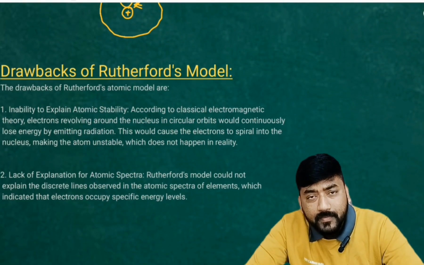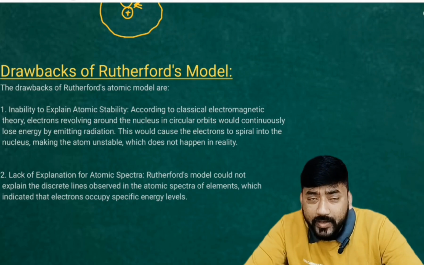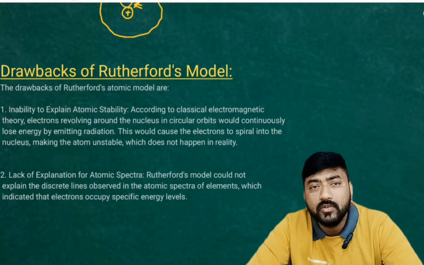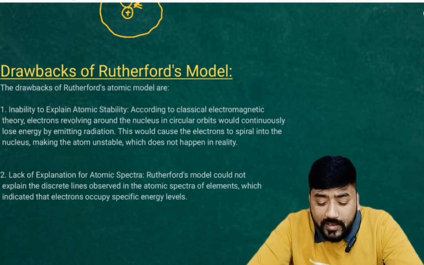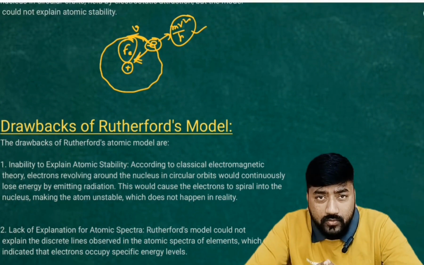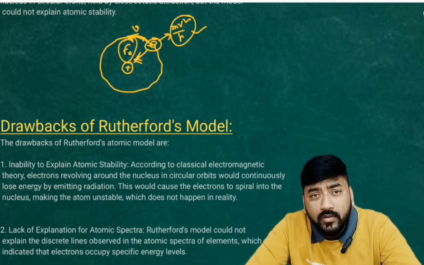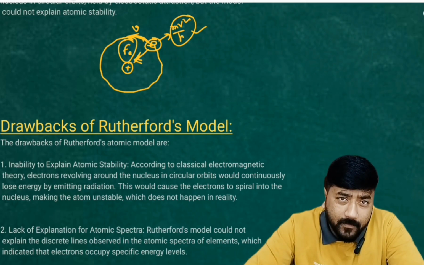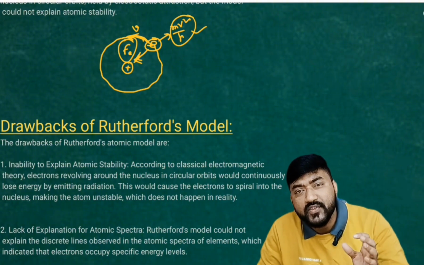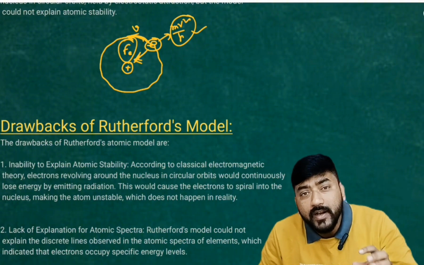But the problem arises when Maxwell's electromagnetic theory was discovered. That theory does not allow, not just electrons, any charged particle. According to Maxwell's electromagnetic theory, when a charged particle accelerates, it will radiate energy.